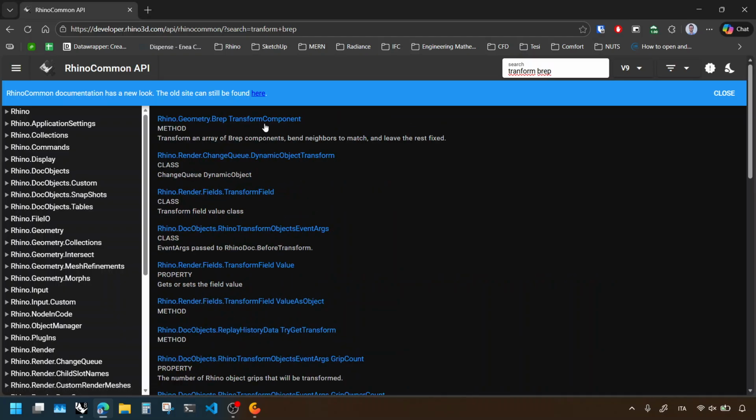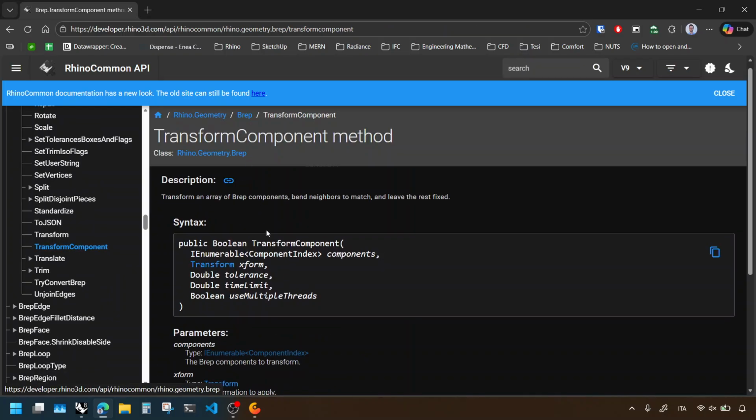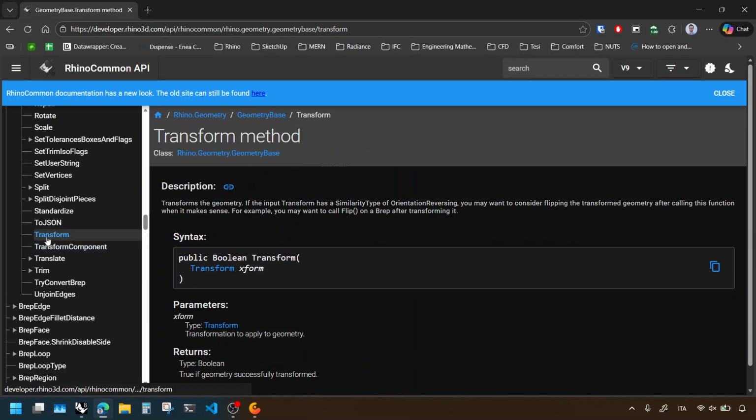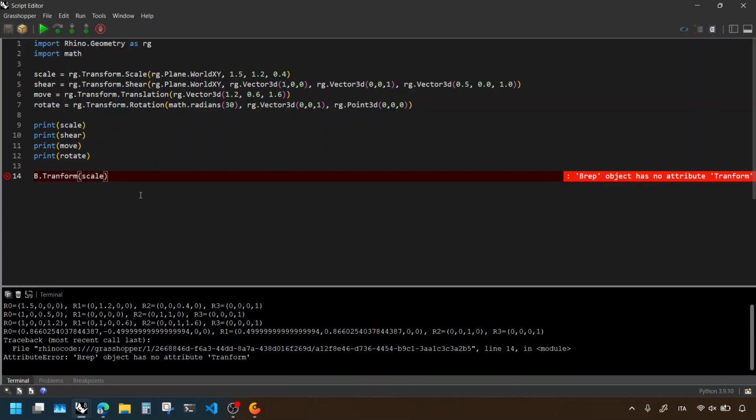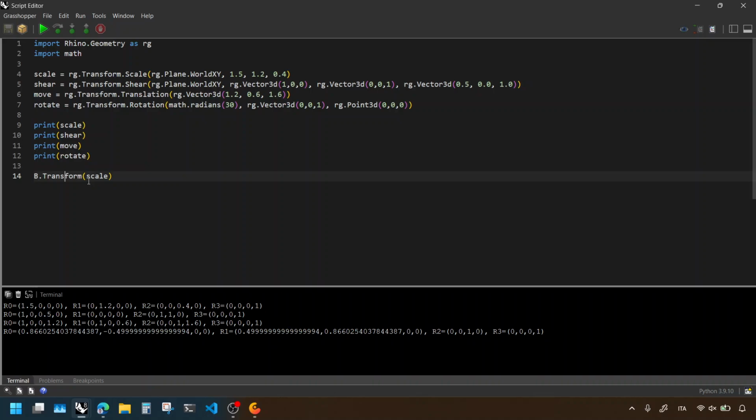Okay, we get here brep transform component. I guess it's this one. Transform applied to Rhino geometry base. It should work then. Oh, I haven't written the S in. Okay, transform. So indeed, here we got transformation.